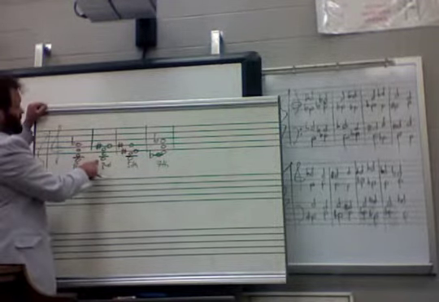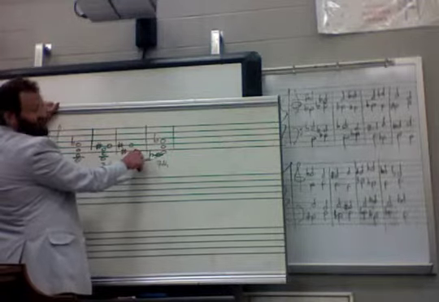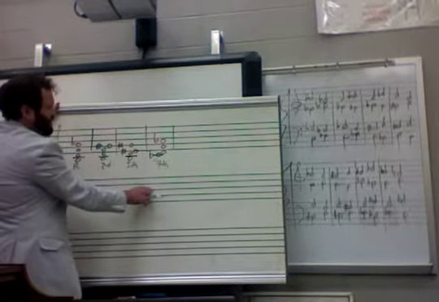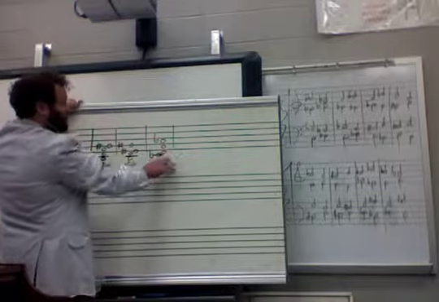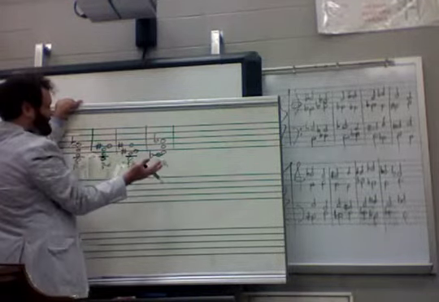So B is the third of this chord, G sharp is the root, G sharp, B, D, F. B is now the fifth of this chord, and E sharp is the root. And D is the root of this chord, C flat will be the seventh.